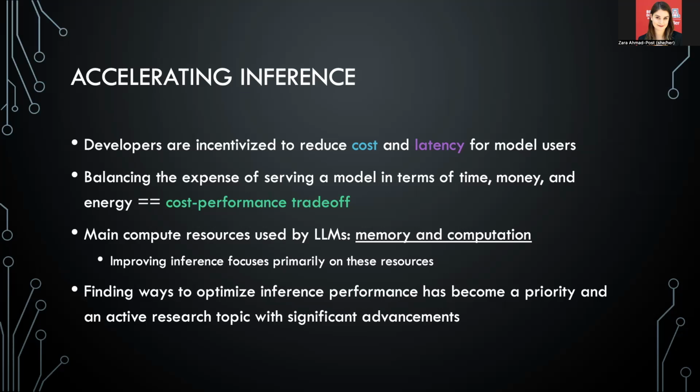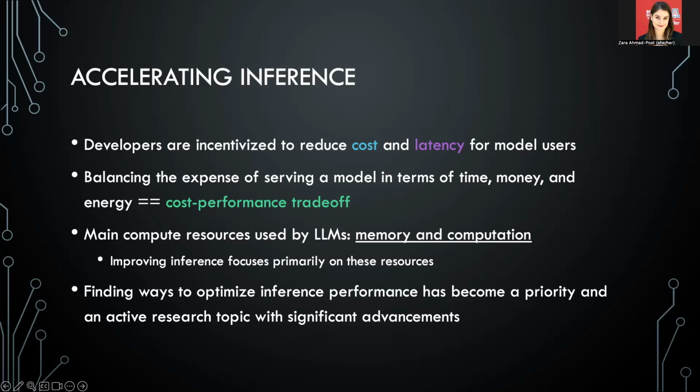So whenever we're doing inference, on the engineering side of the house, we need to think about the cost and the latency for our model's users, right? So balancing the expense of serving a model in terms of the time and the money and the energy that it takes is going to be our cost performance trade-off for our large language model.